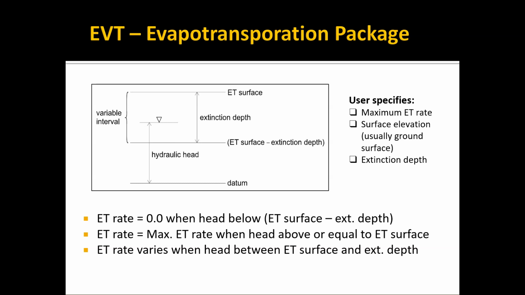And so that is how the ET package works. We often call it the ET package, not the EVT package. It's very easy to use and very useful. A lot of groundwater systems have some level of evapotranspiration occurring, and so this is a relatively common package.